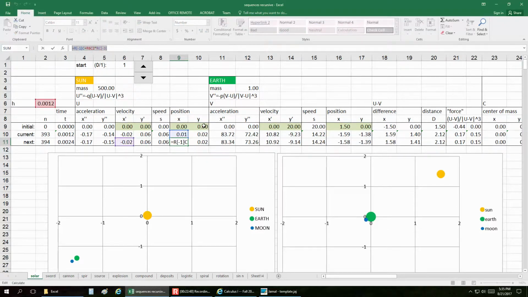How do we find the next position of this object, this time the sun, if we know its previous position, the blue square above, and we know the velocity? What's the next position?